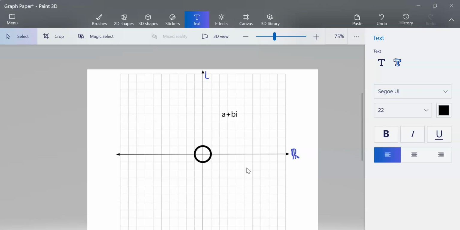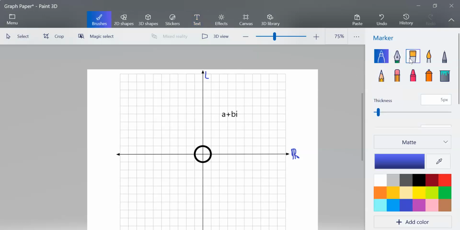on this coordinate plane. So for instance, if I wanted to map on the number 4 plus 3i, it would be right there. Let's make that a little bit thicker so we can see that.